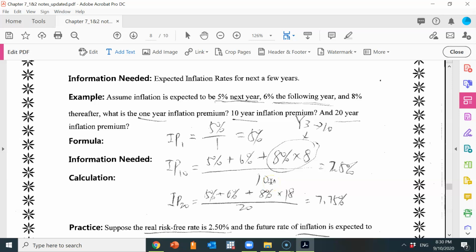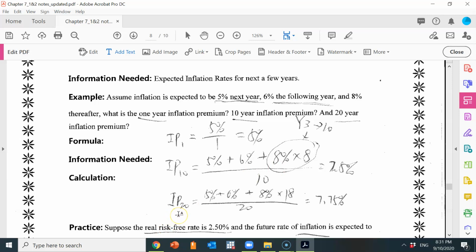We add up the inflation rates for each year over 10 years and divide by 10, so the average inflation rate, the inflation premium, is 7.5% in this case.